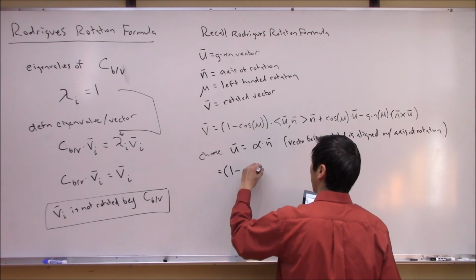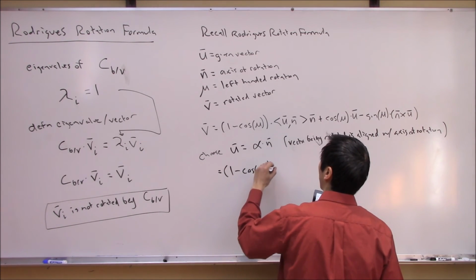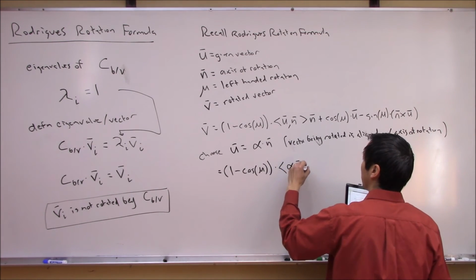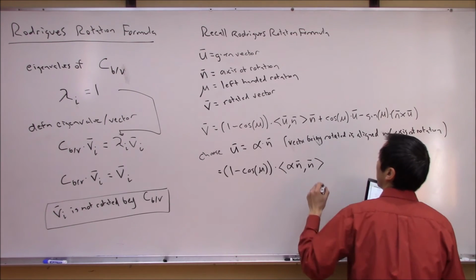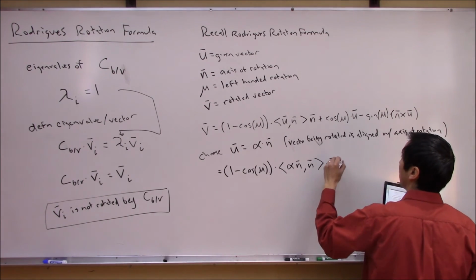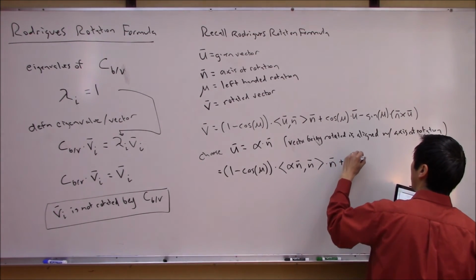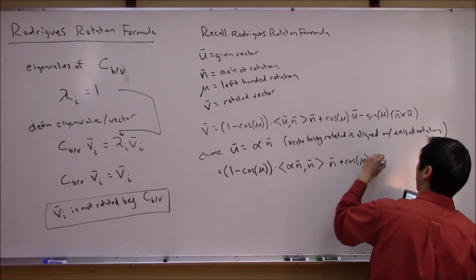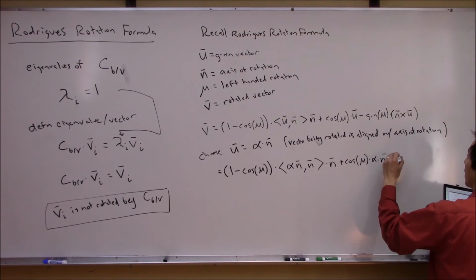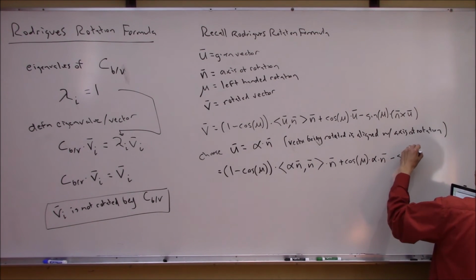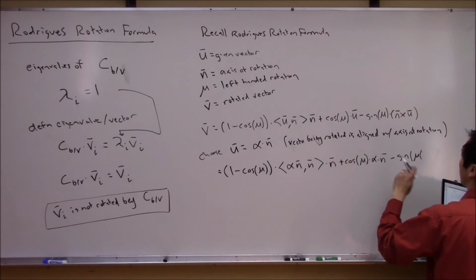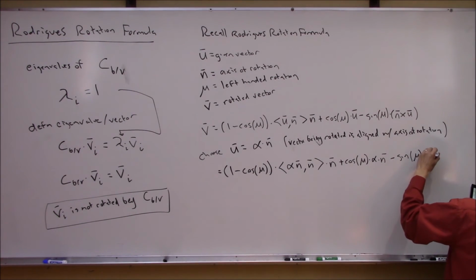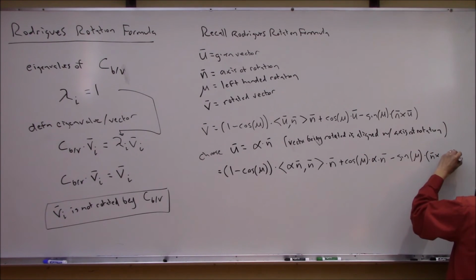So 1 minus cosine of mu times the inner product of alpha n dotted with n, times n, plus cosine of mu times, and what is u here again, it's alpha times n, minus sine of mu times n crossed with alpha n.